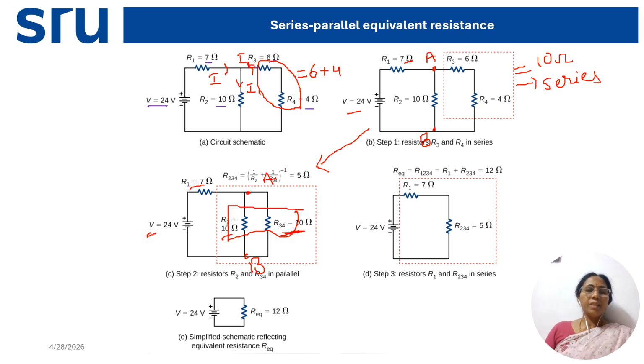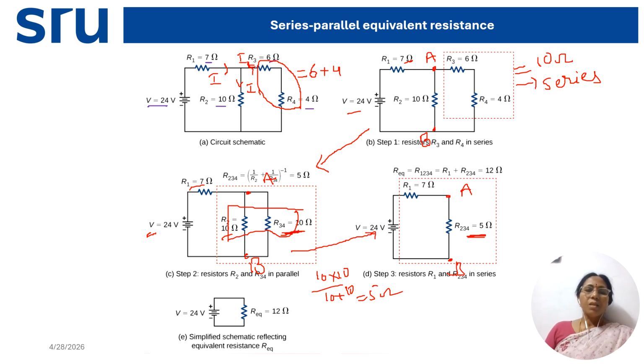When 10 and 10 are connected in parallel, 10 into 10 by 10 plus 10 is 5 ohm, and that 5 ohm is connected between A and B. When I combine these two, it becomes a single resistance of magnitude 5. So after this is the reduced network. You have to draw it like this.